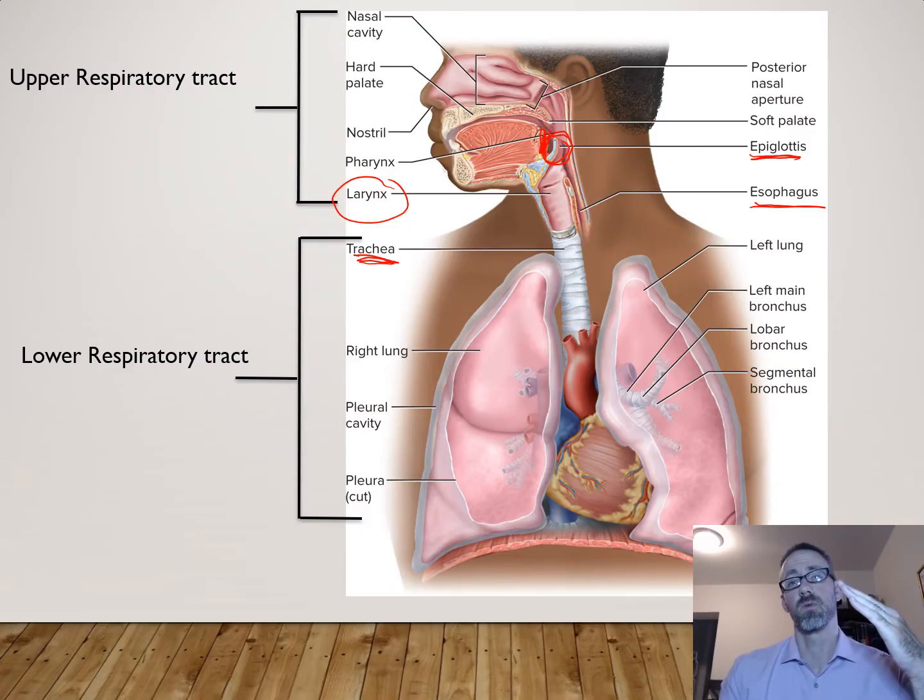So the epiglottis, when you swallow, comes down and covers over the trachea and prevents food particles from getting into your airways, because obviously we want to keep the airways as clear as possible so that we can optimize gas exchange. And of course, the food would then end up in the muscular tube, otherwise known as the esophagus, and make its way into the stomach.